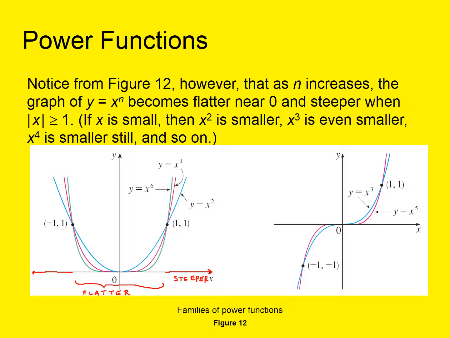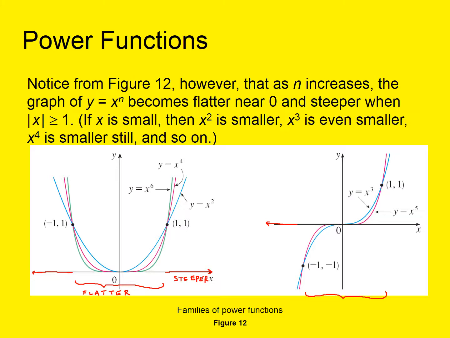And that's true also for the odd ones, right? Steeper when absolute x is greater than or equal to 1, but then in the middle it's going to be flatter. If x is small, then x squared is smaller.